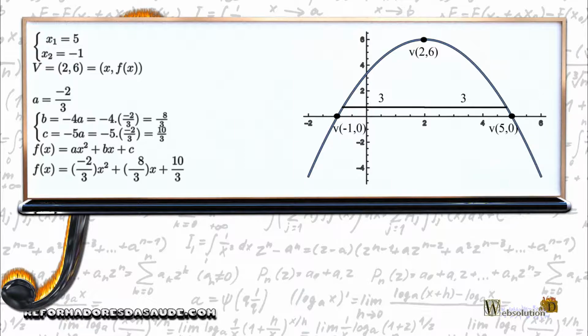Now, let's use the result of the root product. C equal to minus 5a, substituting the value of a to find the value of the coefficient c. C is equal to minus 5 times minus 2 over 3.